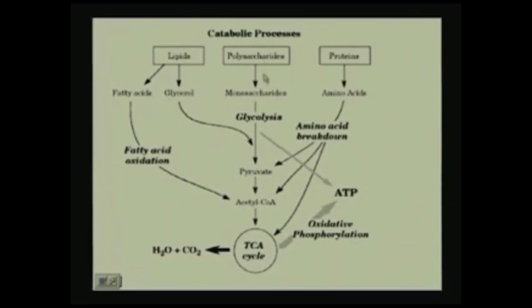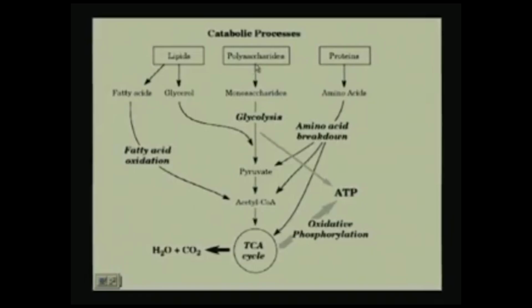The polysaccharides break down to monosaccharides and the proteins break down to amino acids. Now in the anabolic processes we have these broken down amino acids and other factors that actually get on into building up the other macromolecules that are required for our bodily functions.